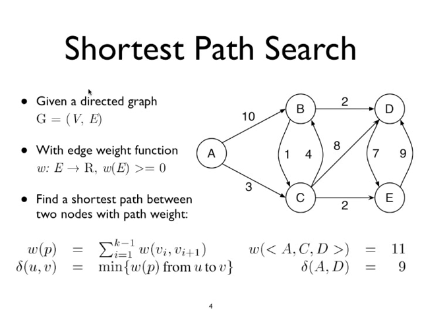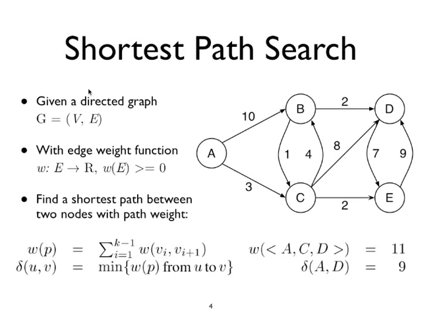First, some definitions. We are given a directed graph with vertices and edges, V and E, and an edge weight function mapping E to real numbers, where w(e) is greater than or equal to 0.